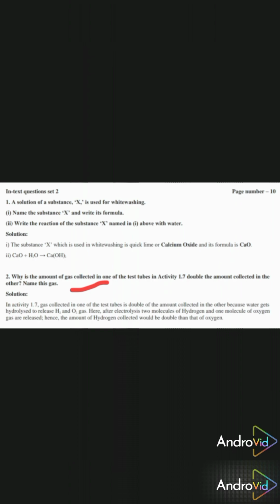After hydrolysis, 2 molecules of hydrogen and 1 molecule of oxygen are released, and hence the amount of hydrogen collected would be double that of oxygen. So what is the gas which is collected double? Hydrogen.